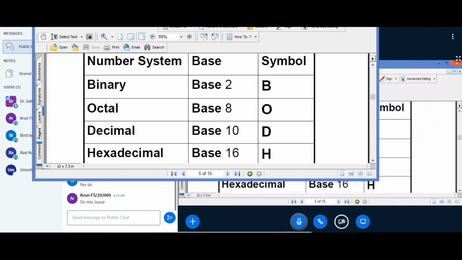So these are a total of 10 symbols used. 0 is basically a symbol. We are drawing it. I clearly mention this is a symbol, and this symbol is used as a number.